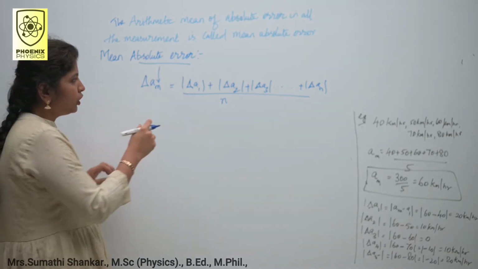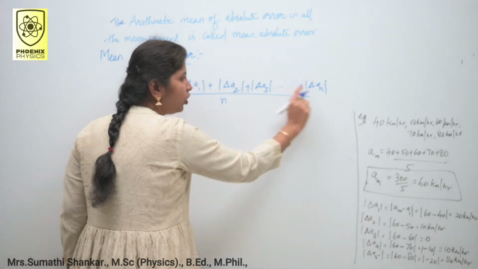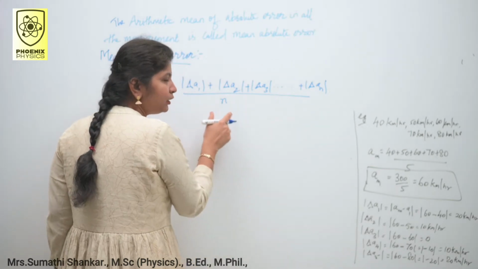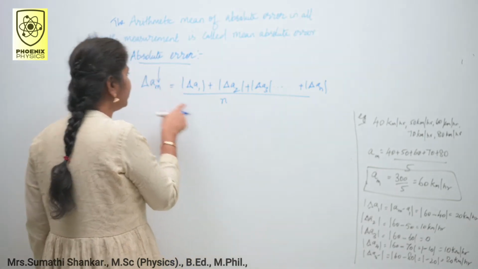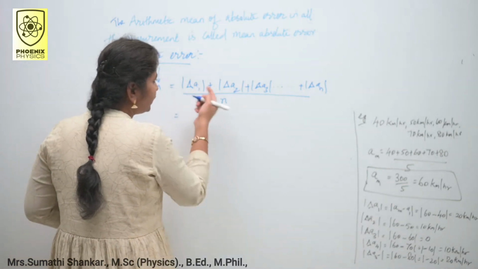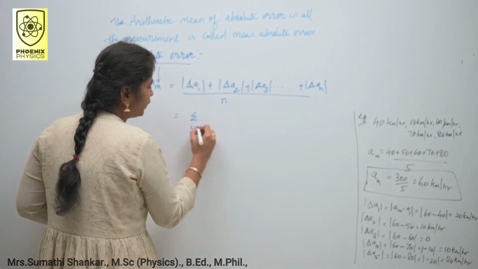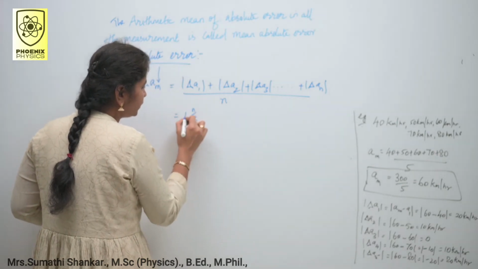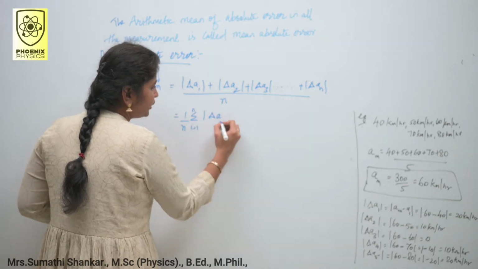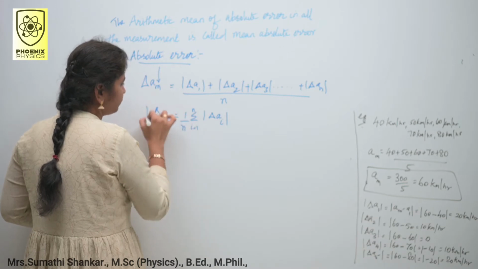First step, find the absolute error, then add all the magnitudes of absolute error, then divide by the number of measurements, and you get mean absolute error. You can rewrite this equation as summation of i equal to 1 to n, 1 by n, delta Ai. This is our delta AM.